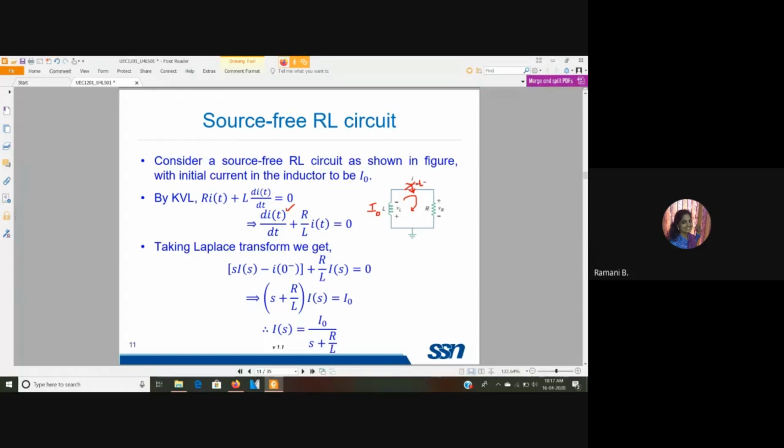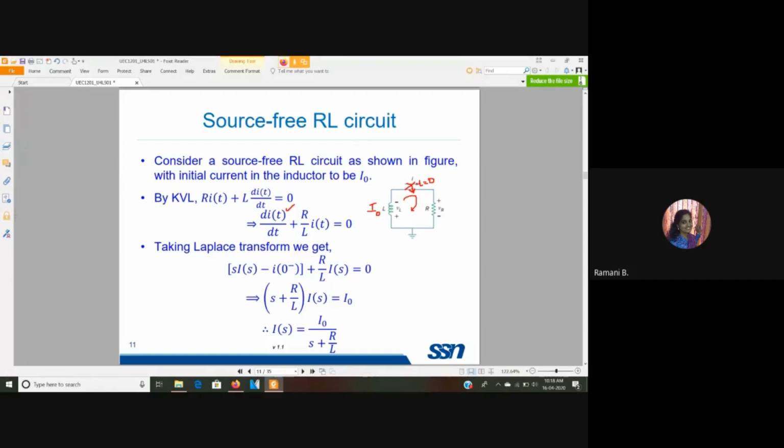That's why we mention it as 0 minus, just before closure, and just after closure also it is going to have the same value. Immediately the inductor or capacitor is not going to let all the energy go away. So we have s into I of s minus i of 0 minus plus R by L into I of s is equal to 0.